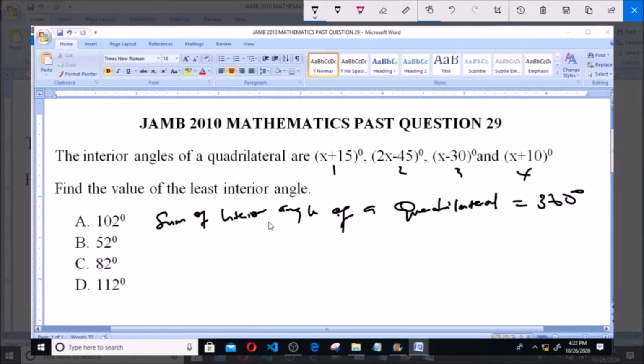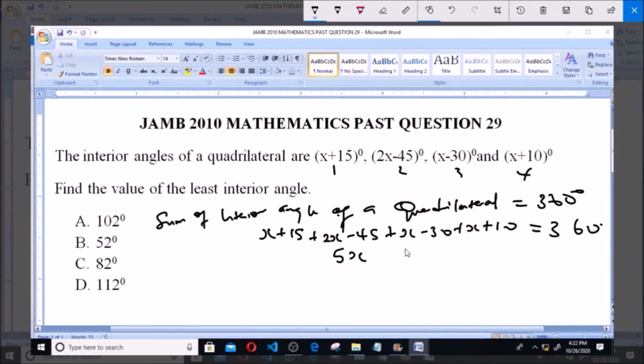So from this we can deduce that x plus 15 plus 2x minus 45 plus x minus 30 plus x plus 10 is equal to 360 degree. Now from this we have x plus 2x, which is 3x, plus x 4x, plus x 5x.